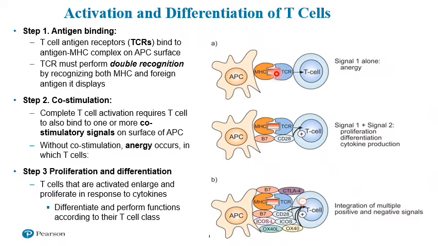What is anergy? Anergy is a state by which a T cell would not know what to do, even if it was presented with an antigen, without the co-stimulation coming from this very special protein and chemical inside the APC.